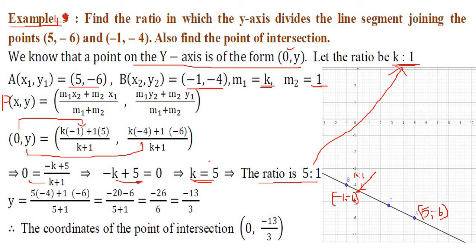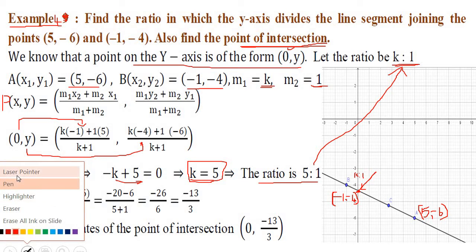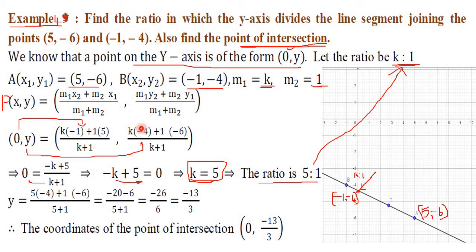So if the value of k is equal to 5, we have to find the point of intersection. To find it, we have to find the value of y. So y corresponds to the second coordinate.